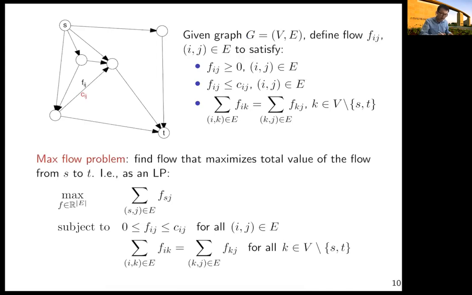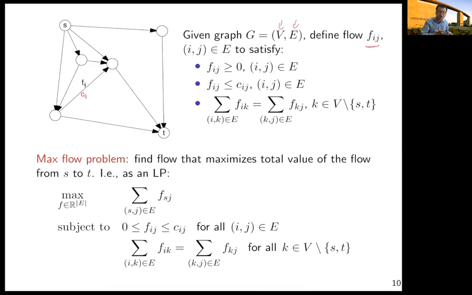So as in the standard notation of the graph, we have a set of vertices and a set of edges. And these are just completely combinatorial objects. And each edge is denoted by a tuple of two nodes that are connected together. Okay, and moreover, the optimization problem that we're optimizing, the arguments that we're optimizing over, is a flow f_ij.